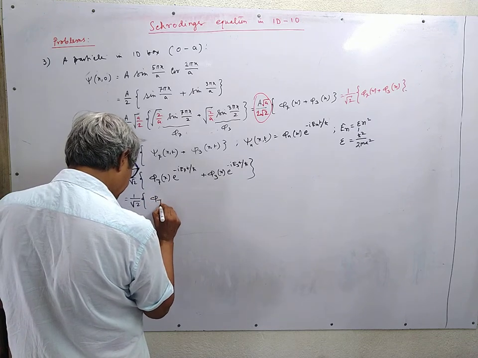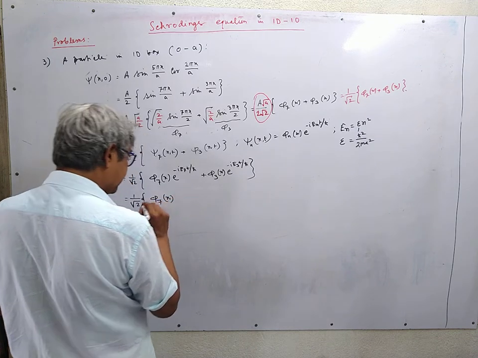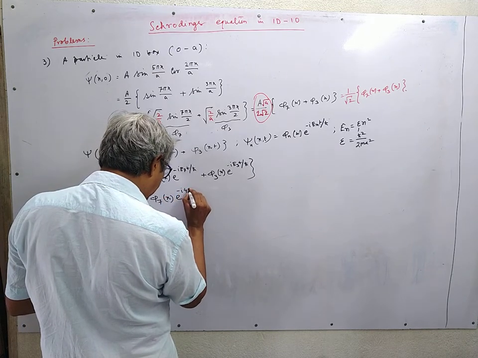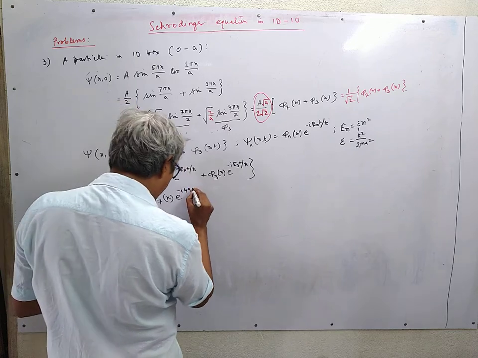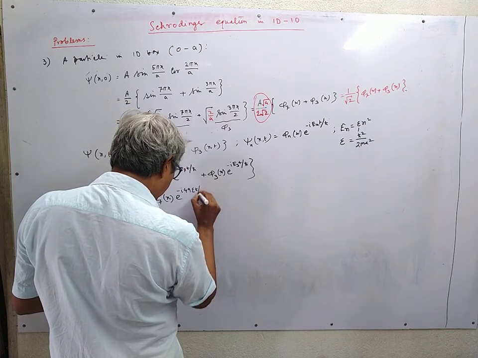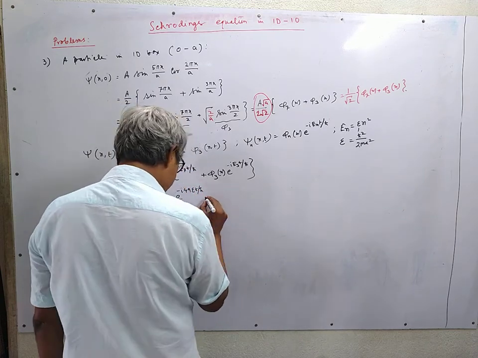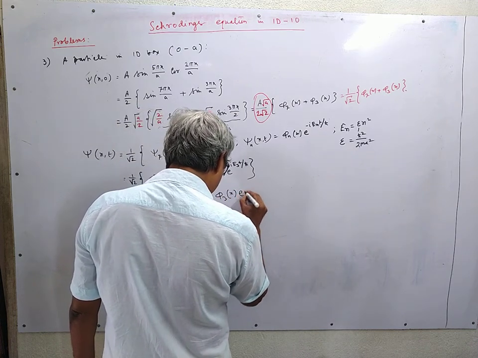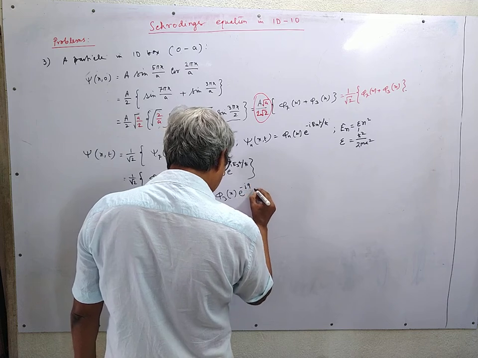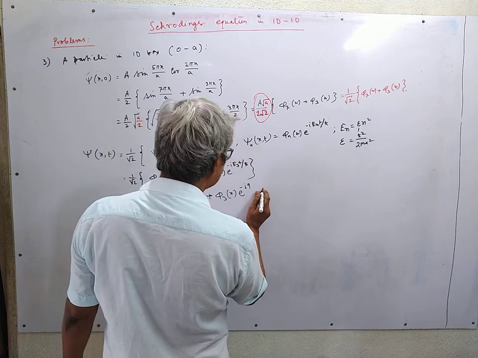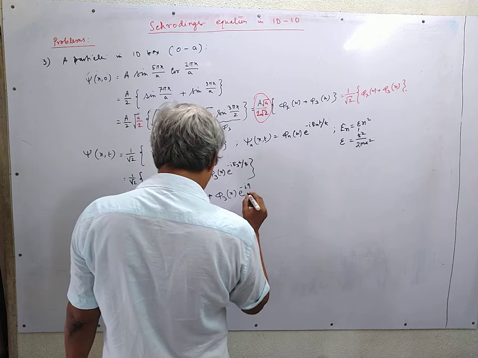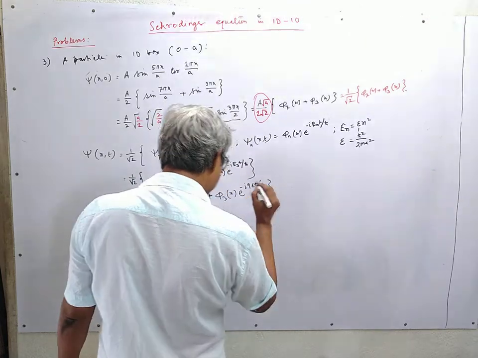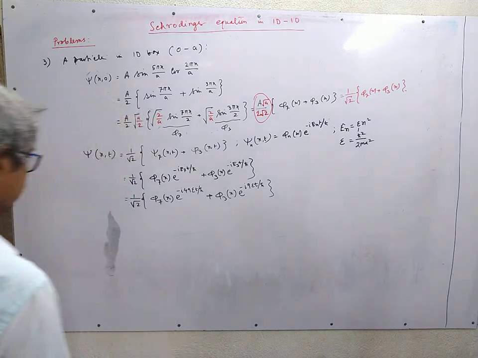You can write phi 7 explicitly, or you can write phi 7 e to the power minus i 49, 7 square, 49 epsilon t upon h cross plus phi 3 of x e to the power minus i, in the third state, 9 epsilon t by h cross. This is the time evolution of the state.